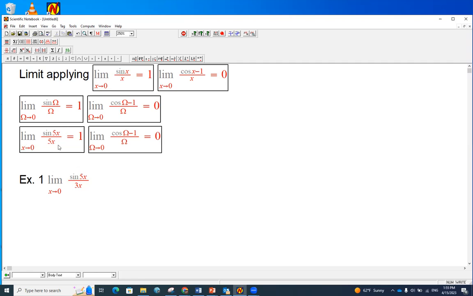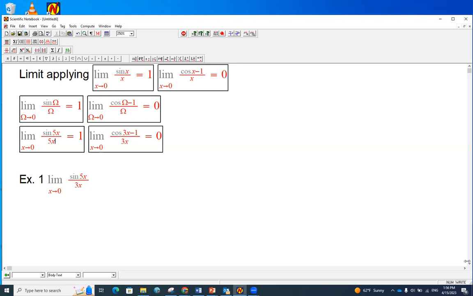That will be the same. If this piece is 3x, then this needs to be 3x, and this can be x, because when 3x approaches 0, x approaches 0. When 5x approaches 0, x is approaching 0. That's what I meant, that you need to see these consistencies.